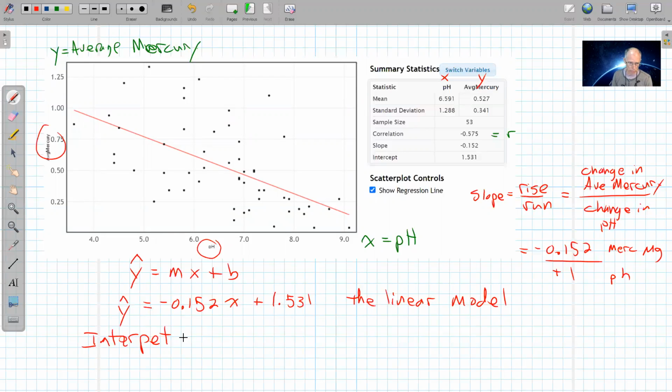So to interpret the slope here, I just want to write a statement that takes into account that change in their units.